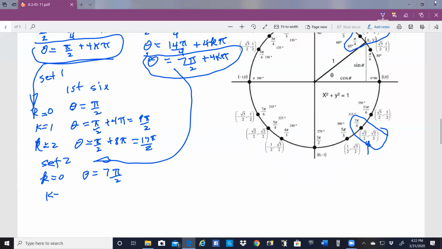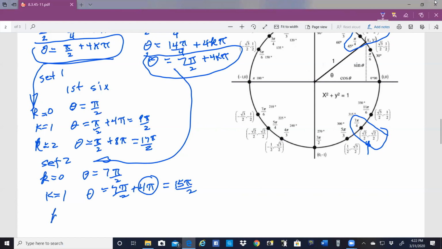For k equal 1, we get theta equal 7 pi over 2 plus 4 pi. Of course, this is 8 pi over 2, so add that to 7 pi over 2. We get 15 pi over 2.